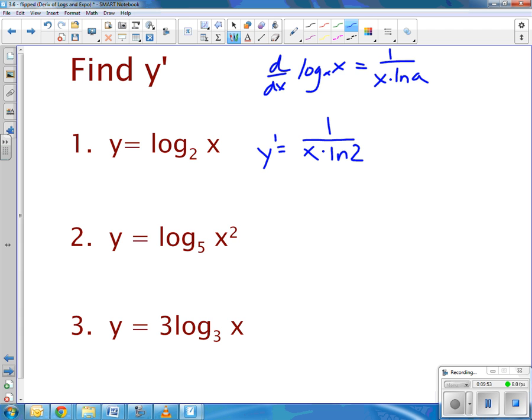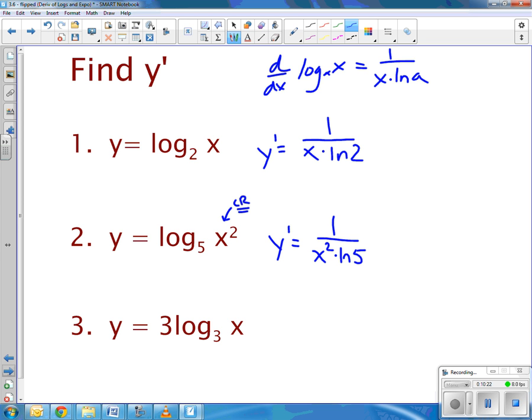All right, second example, log base 5 of x squared. Now I have to consider that this is not just the derivative of a log, but it's also going to include a chain rule because that's not just an x anymore. So I'm going to start with my log derivative. It's 1 over x squared, that's what's inside the log function, times the natural log of 5.